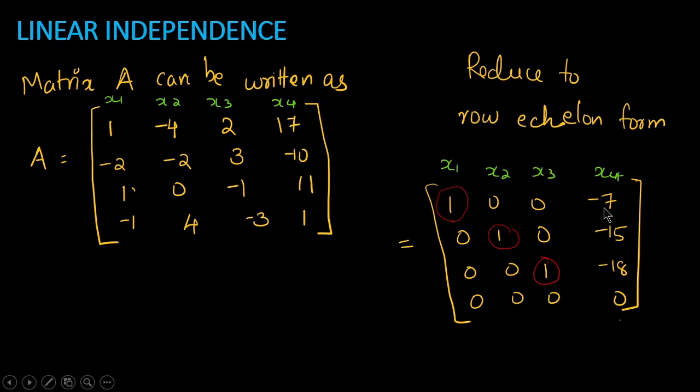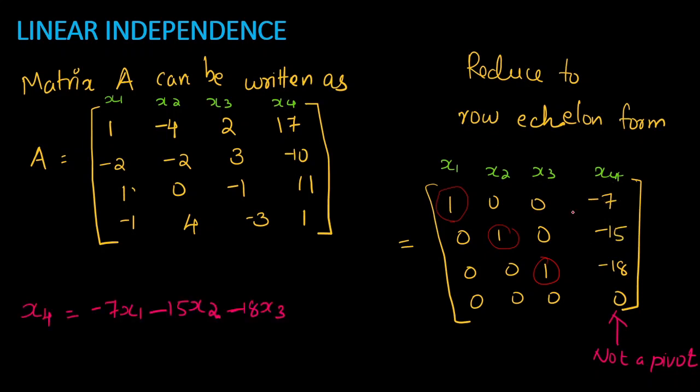That means x4 is depending on x1, x2 and x3. x4 can be written like this: minus 7 into x1, minus 15 into x2, minus 18 into x3. So x4 can be written in terms of x1, x2 and x3 like this.